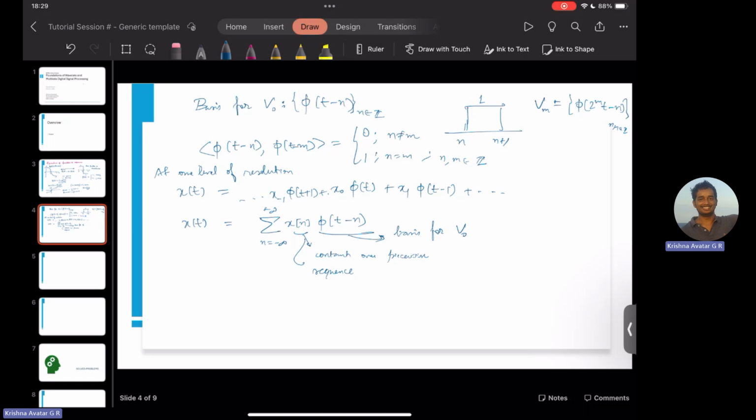And from our condition that x of t has to be bounded, which is the magnitude of this, this has an analog in the discrete sense: the sum of the absolute values of the coefficients must also be bounded.